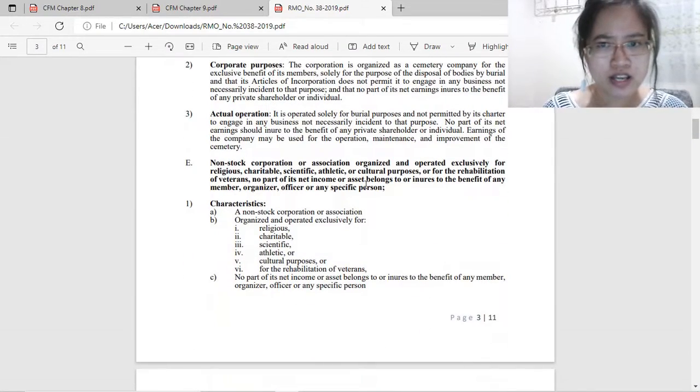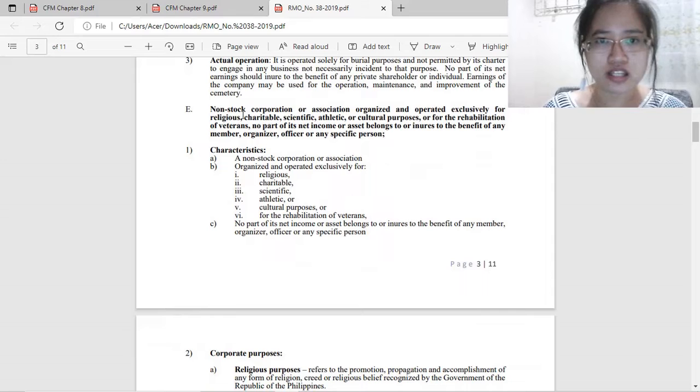Section E, non-stock corporation or association organized and operated exclusively for religious purposes. And then there's this statement: no part of its net income or asset belongs to or inures to the benefit of any member, organizer, officer, or any specific person.